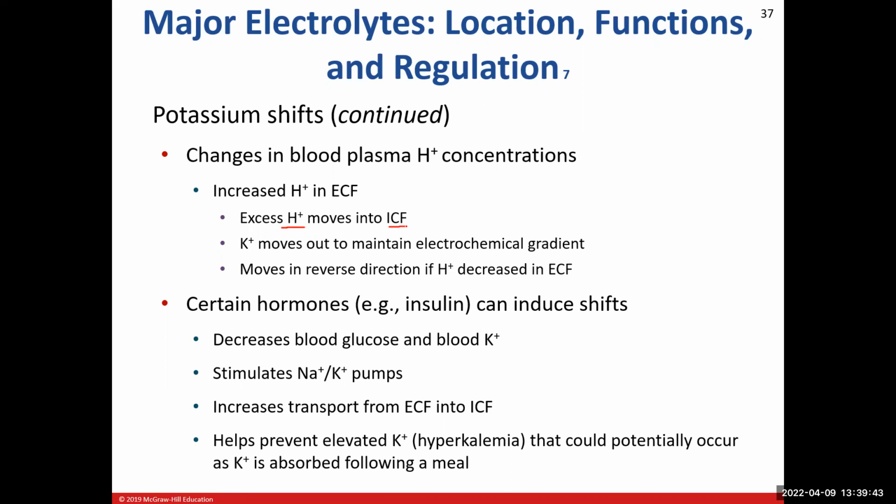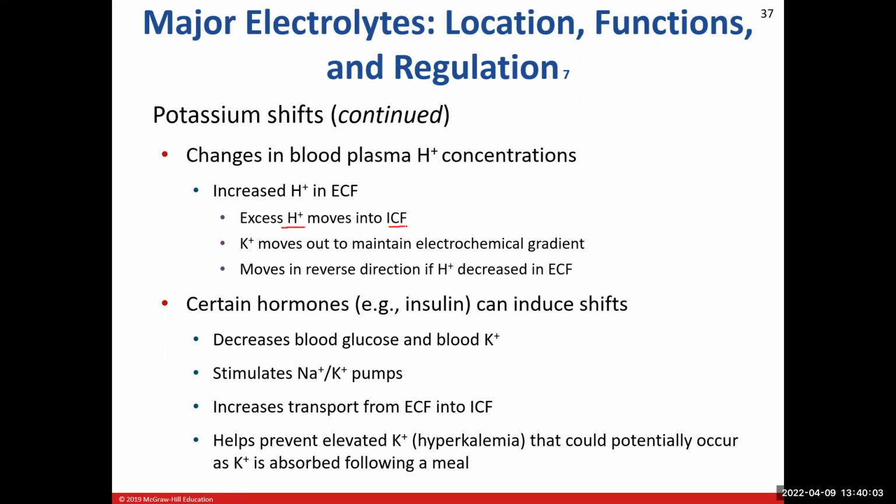And as a result of that, because we want to maintain this electrochemical gradient that is being generated because hydrogen ions have that positive charge, we want to exchange those hydrogen ions as they move, in this scenario, from the ECF into the ICF.